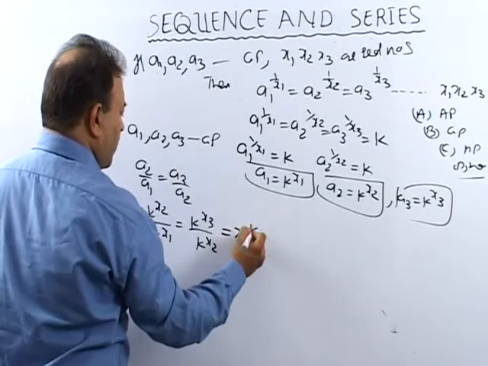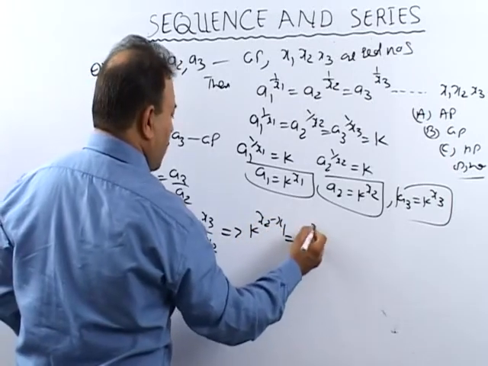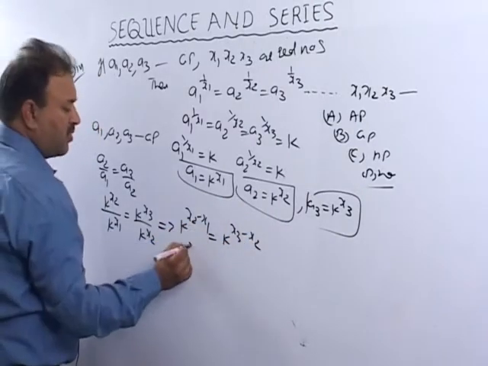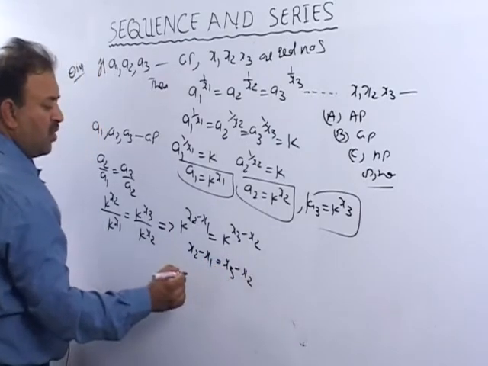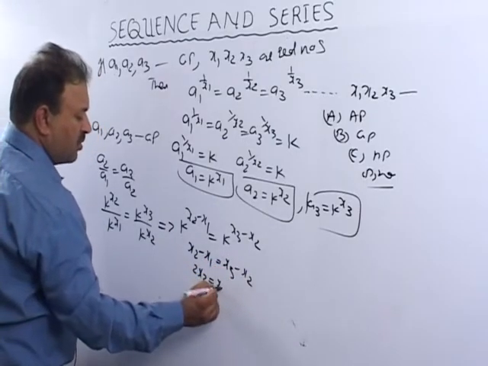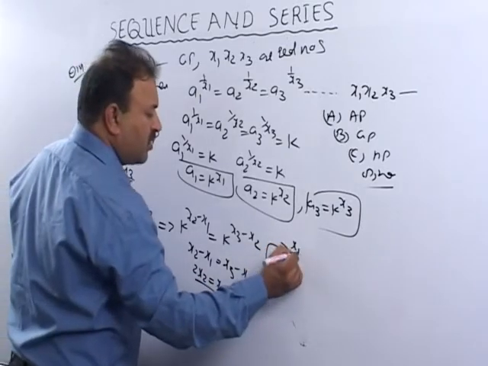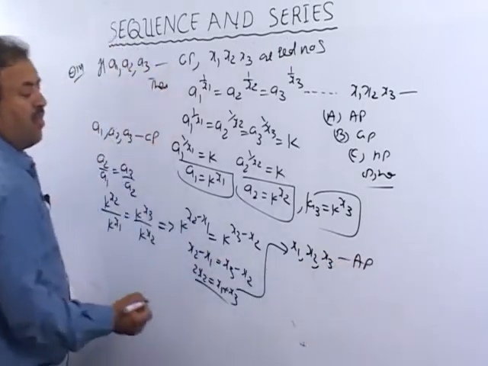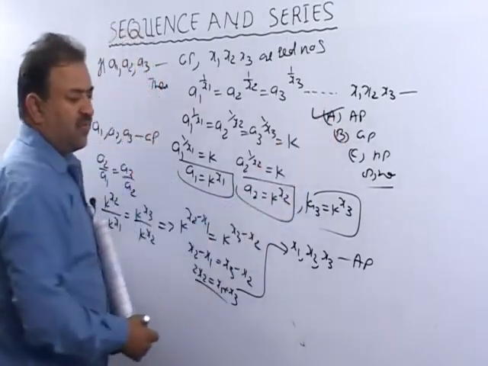This is k to the power x2 minus x1 equal to k to the power x3 minus x2. Now the bases are the same, so the powers must be equal: x2 minus x1 is x3 minus x2. We get 2x2 is equal to x1 plus x3. So we reach the conclusion that x1, x2, x3 are in AP. It means the right answer is the A part.